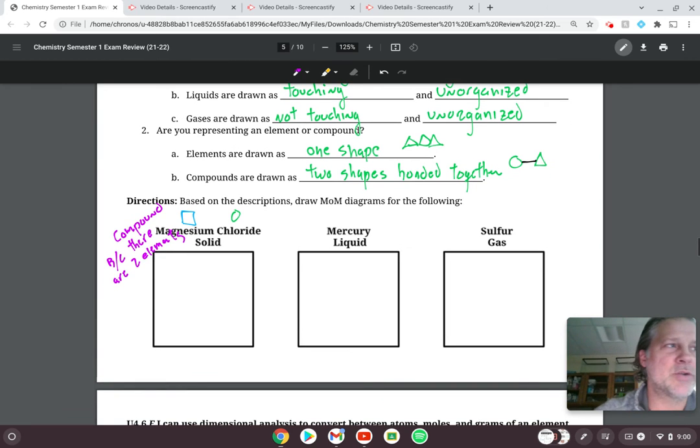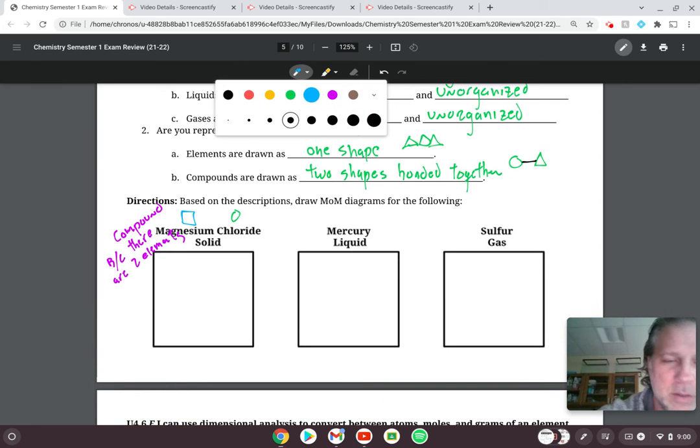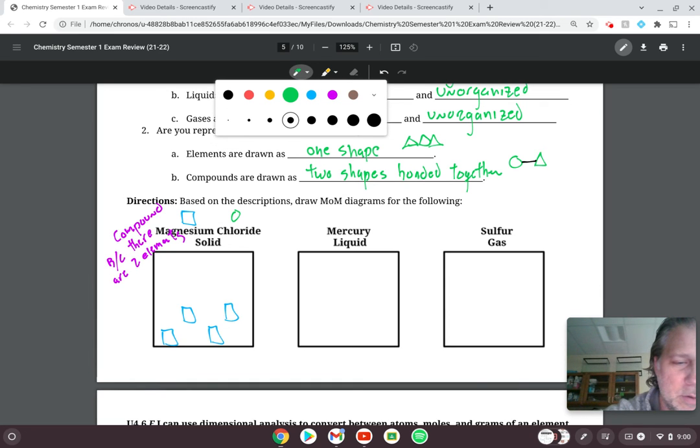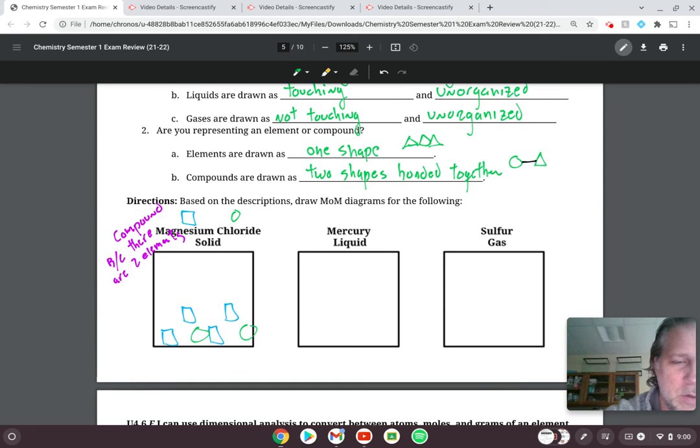So if I'm going to draw this, I'm going to draw a bunch of squares. I might do it like this. And then I'm going to draw some circles. And if I was doing a much better job of this, I would draw the circles something like that, and then I'm going to draw them connected together here and here, here and here.